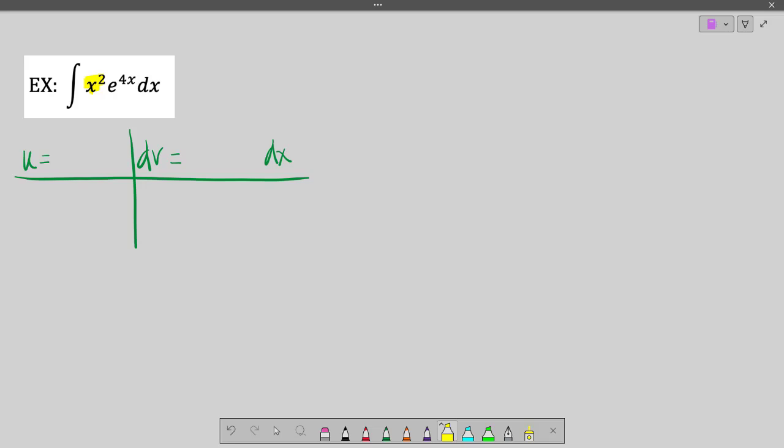E to the 4x is more complex than x squared. Putting that with the dv takes the most complex part and sticks it with the dv. You can integrate that. And then what happens to the power of x with the u? It's going to go down, right? Because you differentiate it, so that power is going to go down, which is more advantageous. Because the e to the x, whether it's with the u or the dv, is going to stay essentially the same.